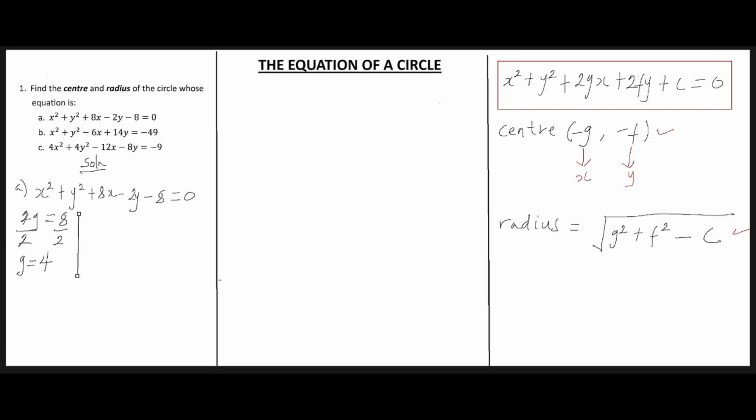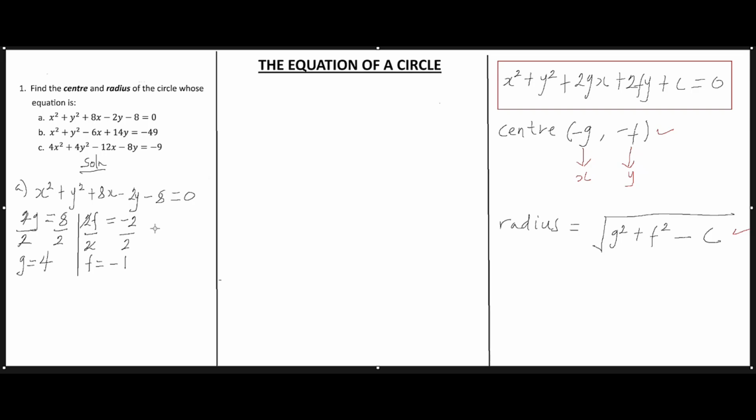So next, now that we have our g, let's also solve for f. Now in the general equation, the coefficient of y is 2f. In circle A, the coefficient of y is minus 2. So since we are looking for f, we can divide both sides by 2. So we have f as negative 1.